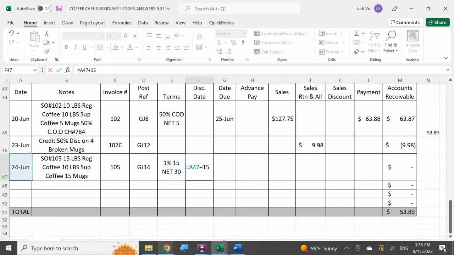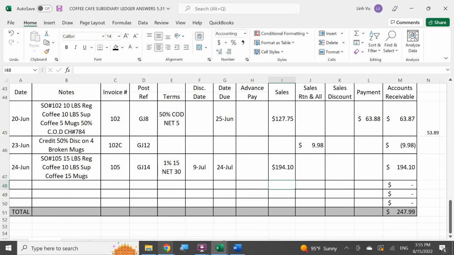So their discount due date is July 9th. And their due date of the invoice is July 24th.